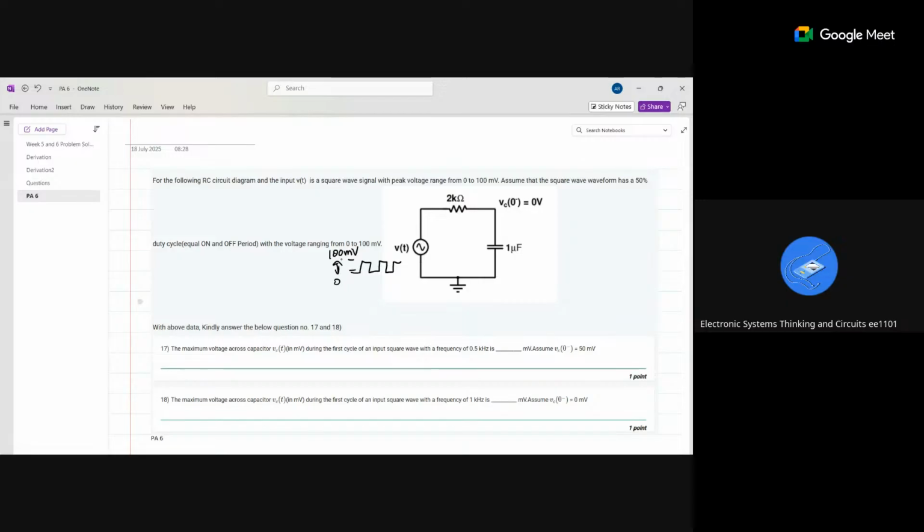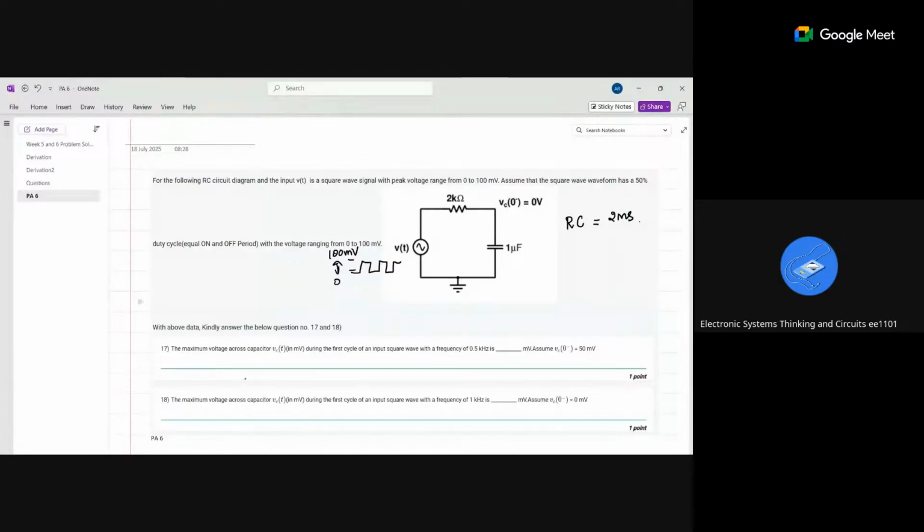Assume that the square waveform has a 50% duty cycle with a voltage ranging from 0 to 100 millivolt. First, we'll find the time constant. What is the time constant here? R into C. It's 2 milliseconds, right?